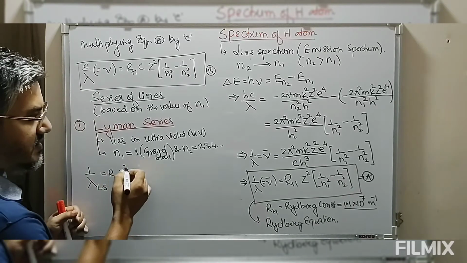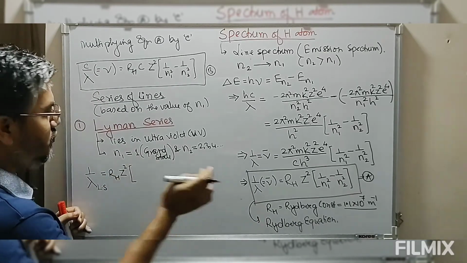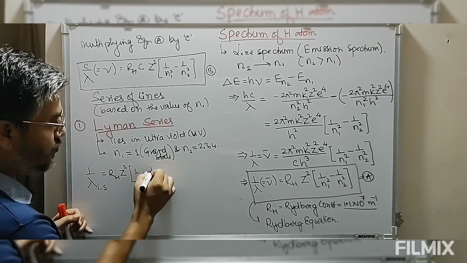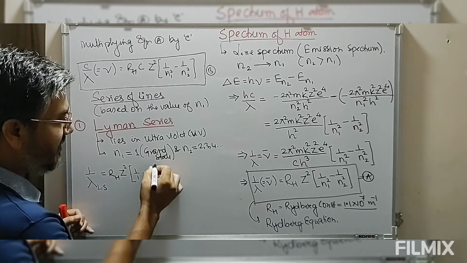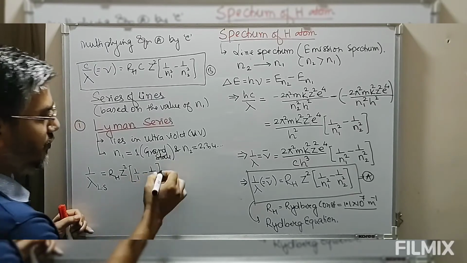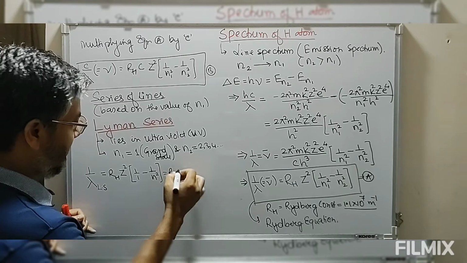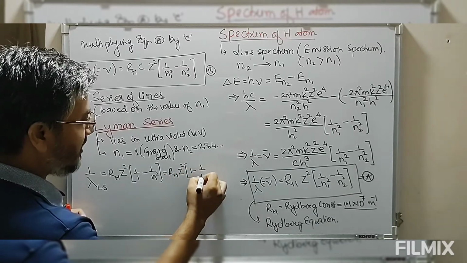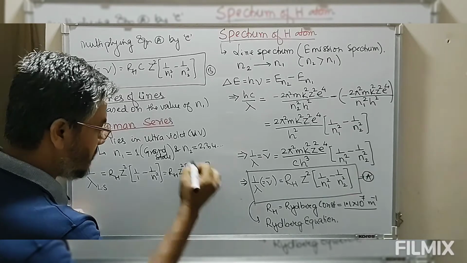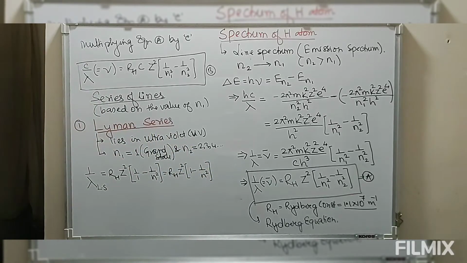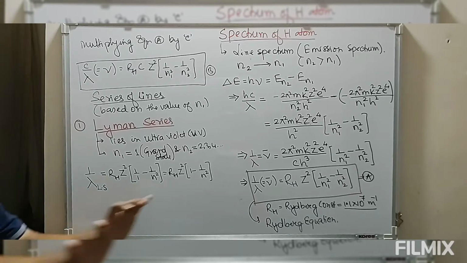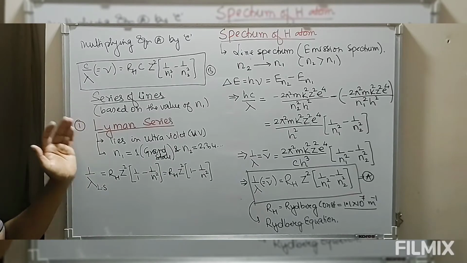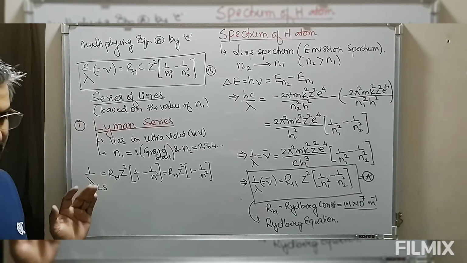So RH Z square, then 1 by n1 square, where n1 is equal to 1, so 1 by 1 square is 1, minus 1 by n square, where I just replaced n2 by n. So this is RH Z square (1 minus 1 by n square) for the Lyman series. All these frequencies will lie in ultraviolet. So this series is what we call the Lyman series.